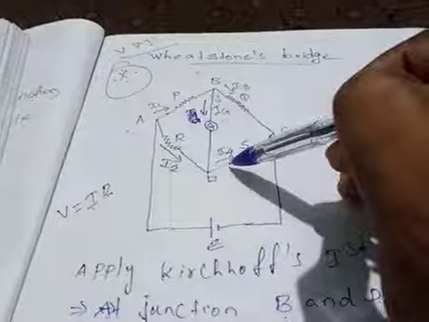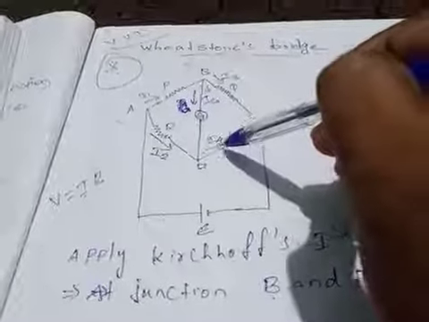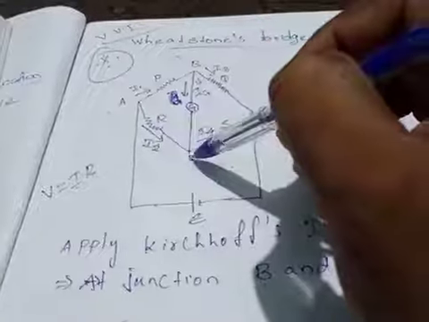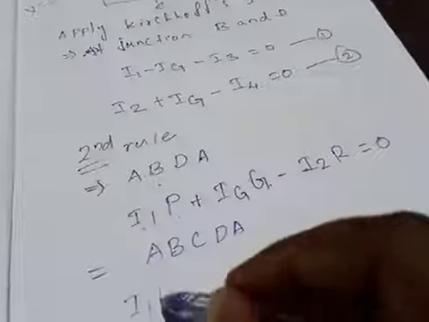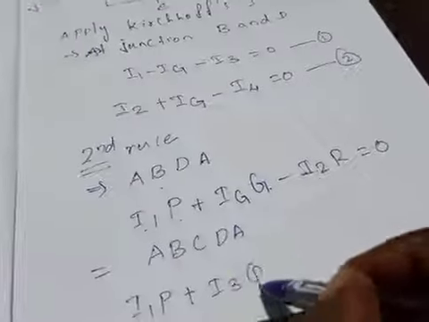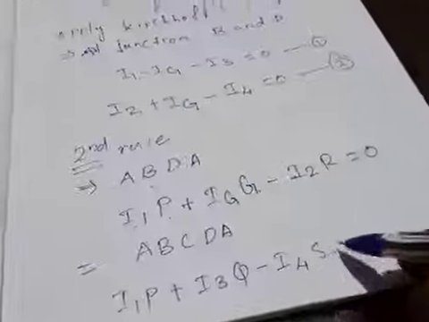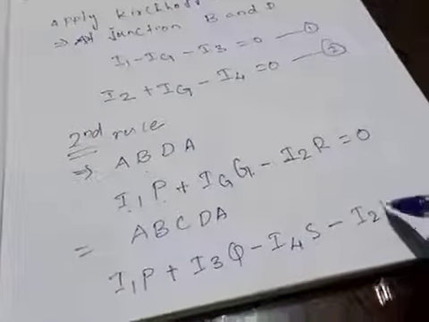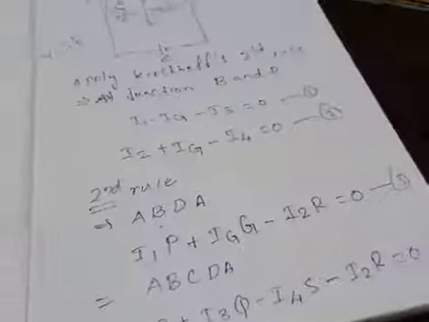I4 is opposite to this, so minus I4S, and I2 is also in the opposite direction, so minus I2R. So I1P plus I3Q minus I4S minus I2R equal to 0. This is equation 3. This is equation 4.